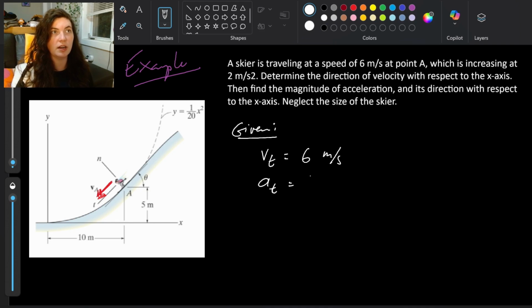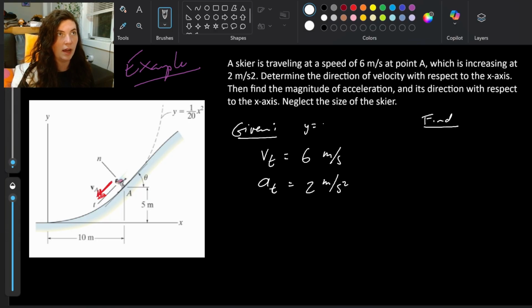So that is our acceleration in the tangential direction that's given to us, 2 meters per second squared. And we're of course also given all that information that is in the chart on the left, such as y equals 1/20 times x squared. We're given at A that x is 10 and y is 5.